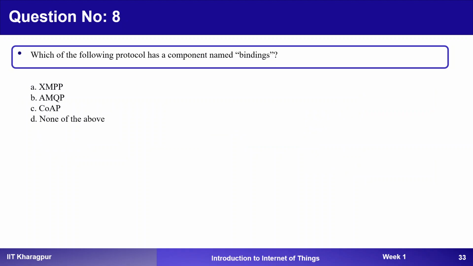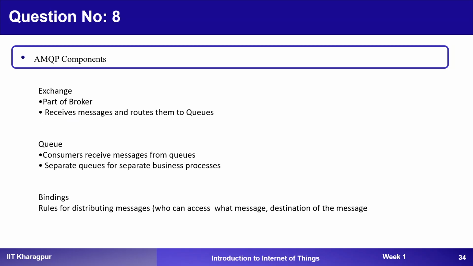Okay. So the correct option for this is AMQP, as there are three main components of AMQP: exchange, queue, and binding. First is the exchange, which is responsible for routing the messages to the queue. The queue is responsible for storing your messages, and there will be different queues for different business processes.